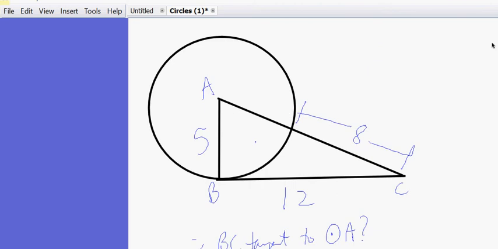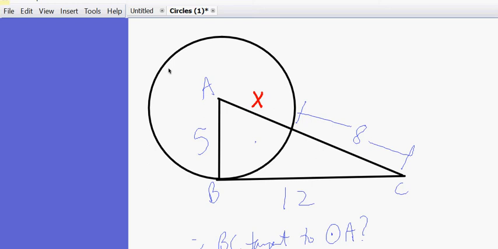Okay, do the same thing, except notice that we are missing a portion of this. Is BC tangent to circle A? Well, guess what? We've got a missing part. But what is that part? 5.